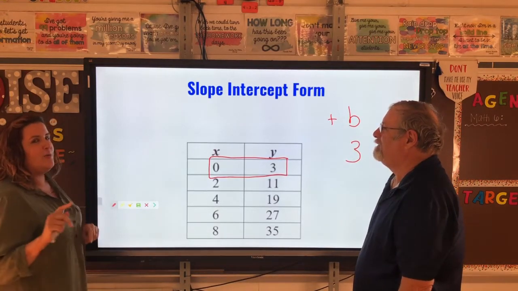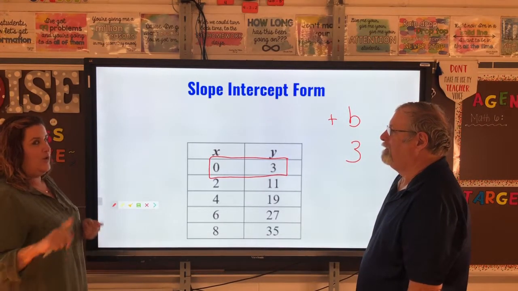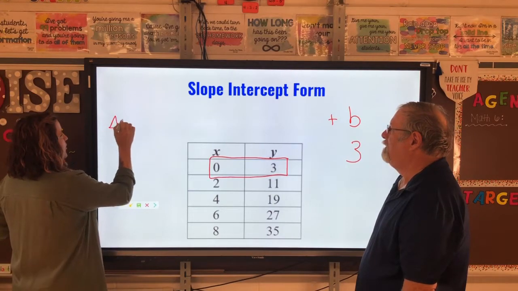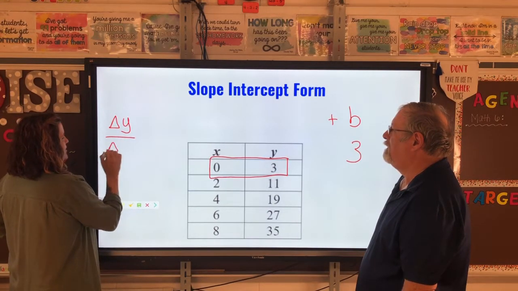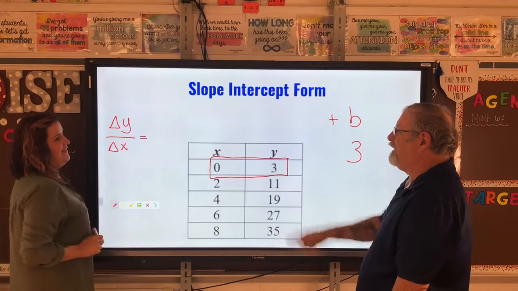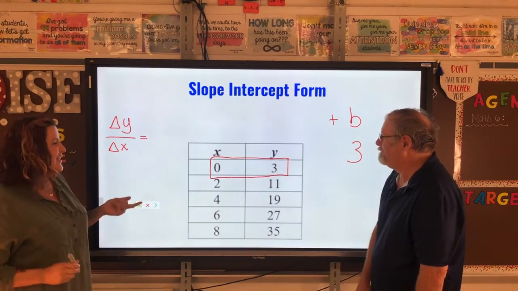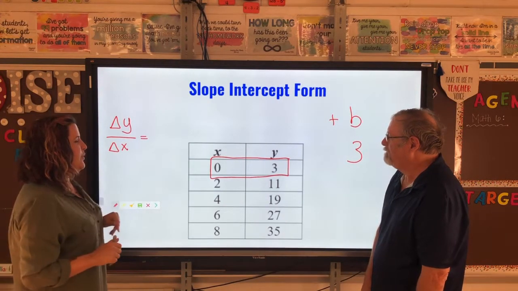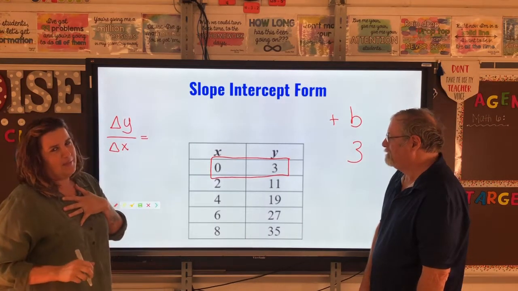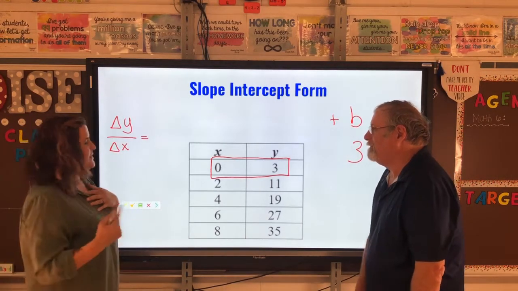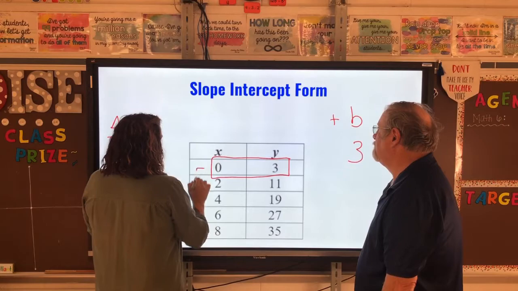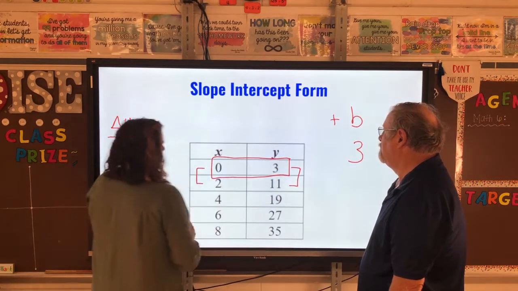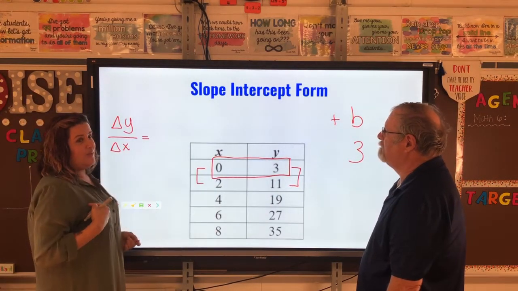We know that slope is rise over run, or the change in y over the change in x. I'm going to pick any 2 points, and I like smaller numbers. So I'm going to use these 2 ordered pairs. And remember, I like to start with the biggest y.